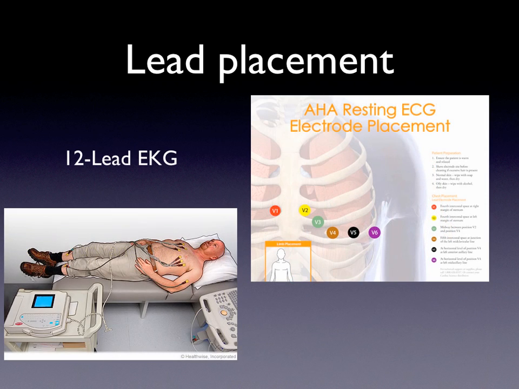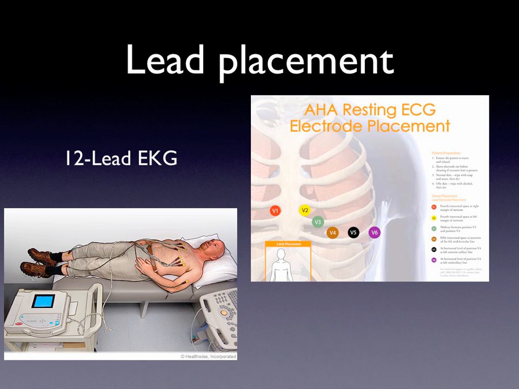Next is 12 lead, and here's a picture of a gentleman getting a 12 lead EKG obtained. There he is laying flat on his back with his head slightly elevated. Hopefully he's nice and comfortable. We want to get a nice baseline monitoring. And there's the American Heart Association resting EKG or ECG electrode placement.